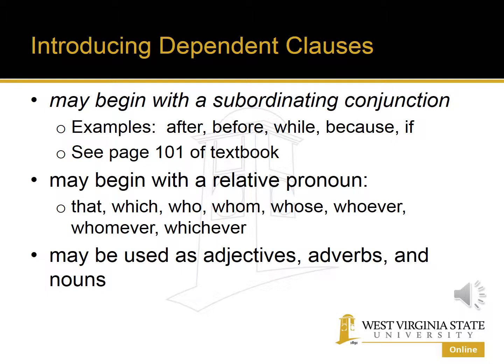So, as an example, the man who is wearing the black suit is a spy. Who is wearing the black suit qualifies as a clause because it has a verb, is wearing, and a subject, who.